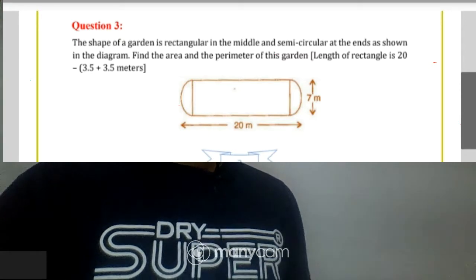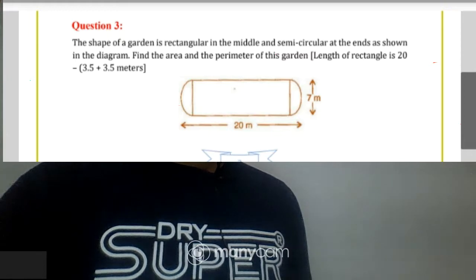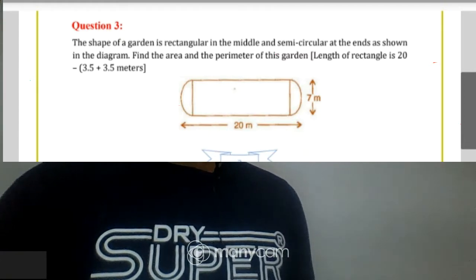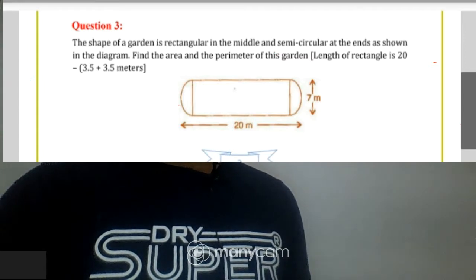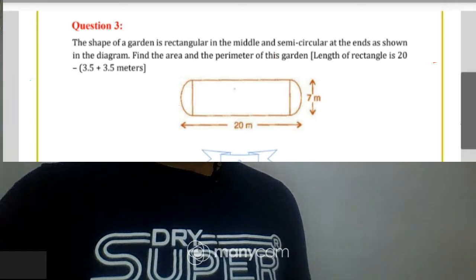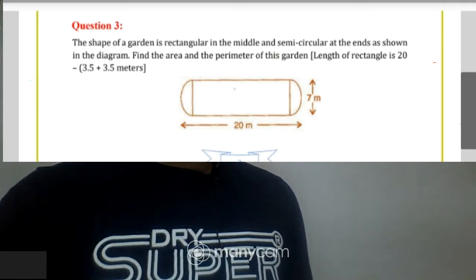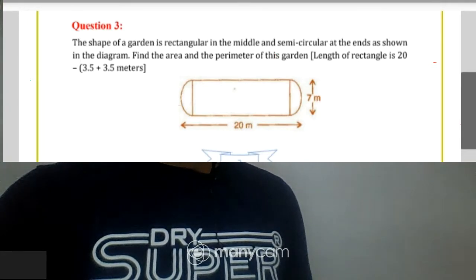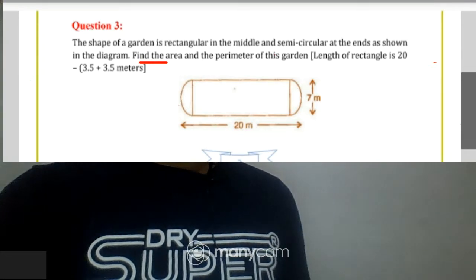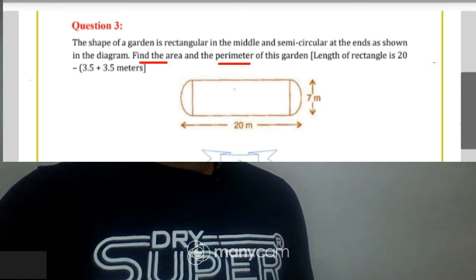Now question number 3 is here. The shape of the garden is rectangular in the middle and a semicircle at the ends, shown in the diagram.